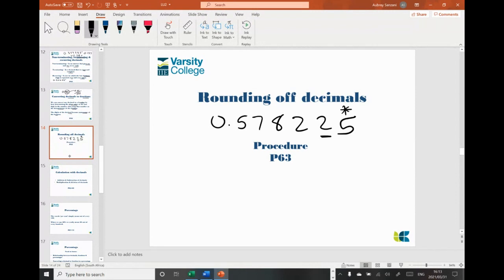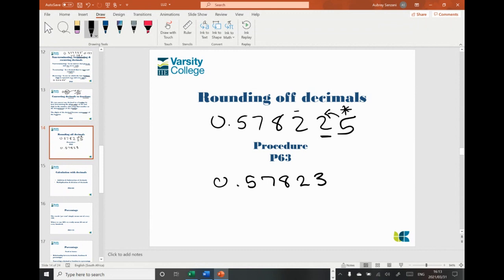So 5 is above 4, so we can make this 3. So it will become 0.57823. Can you see that's rounded off to 5 decimal places.